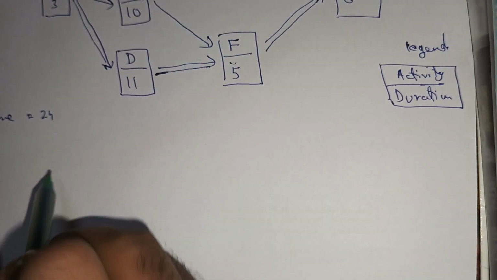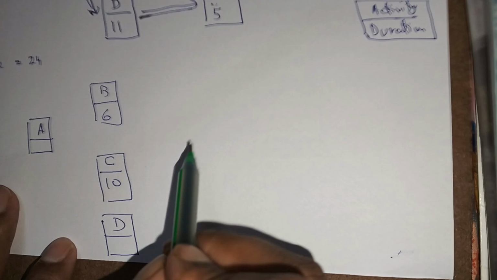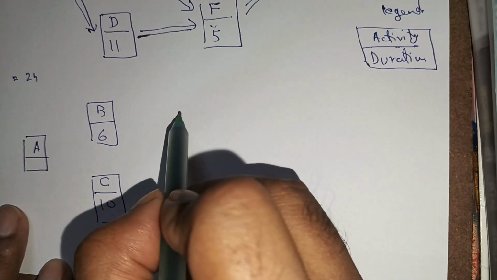Okay, so A, B, here we'll write again 6. Okay, C and D. D is in the longest path, so we'll not write anything.